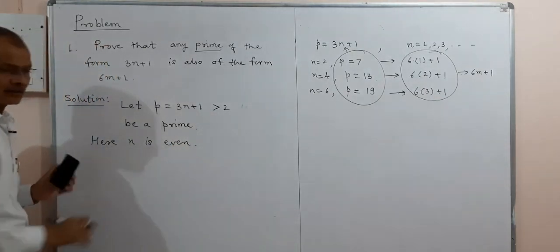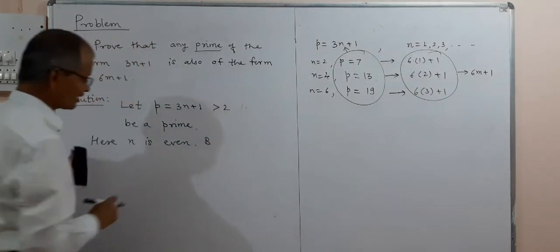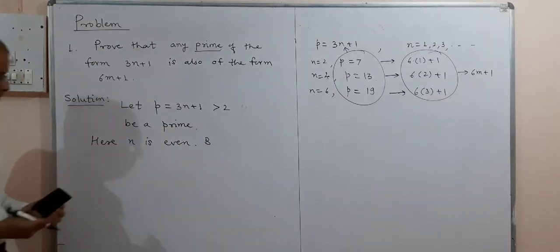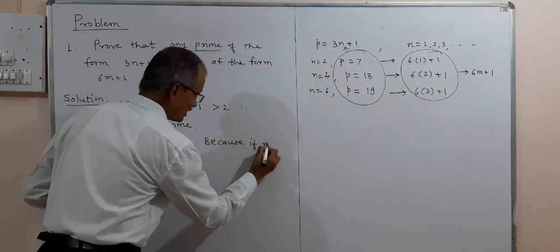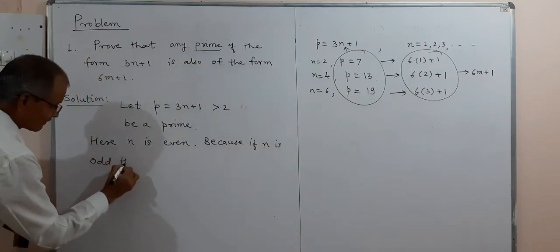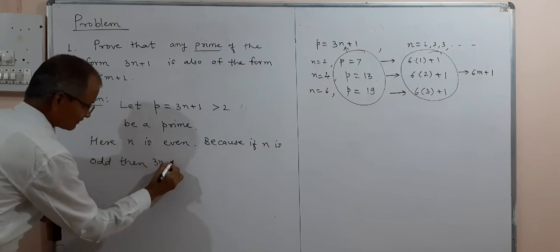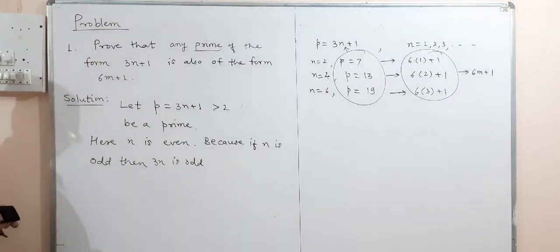Because we have to write the reason for this. Because if n is not even, then it must be odd. Because if n is odd, then 3n is odd. Odd into odd is an odd integer.